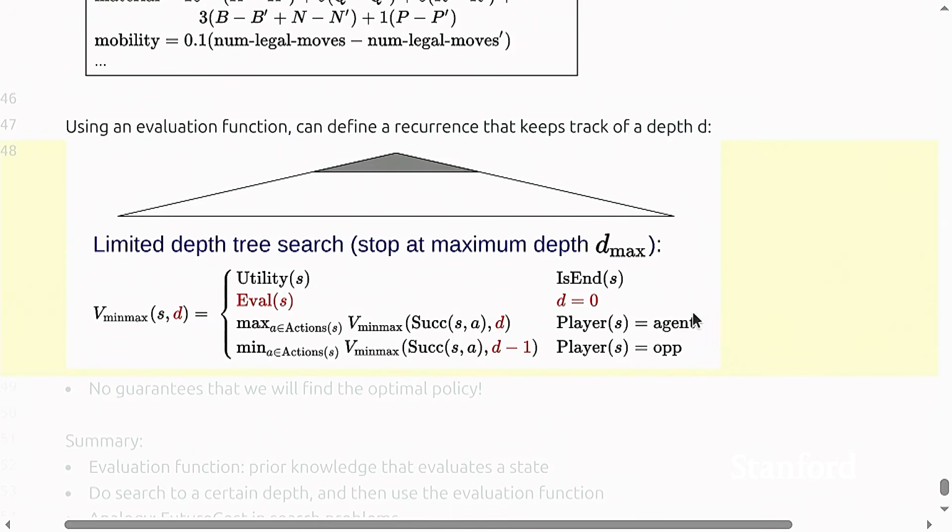And then if I still have search budget, if the depth is not 0, then when I recurse, if I'm the agent, then the depth is d, and if I'm the opponent, the depth is d minus 1. This is just to make sure that a unit of depth corresponds to both the agent and the opponent going, so I don't subtract twice here.